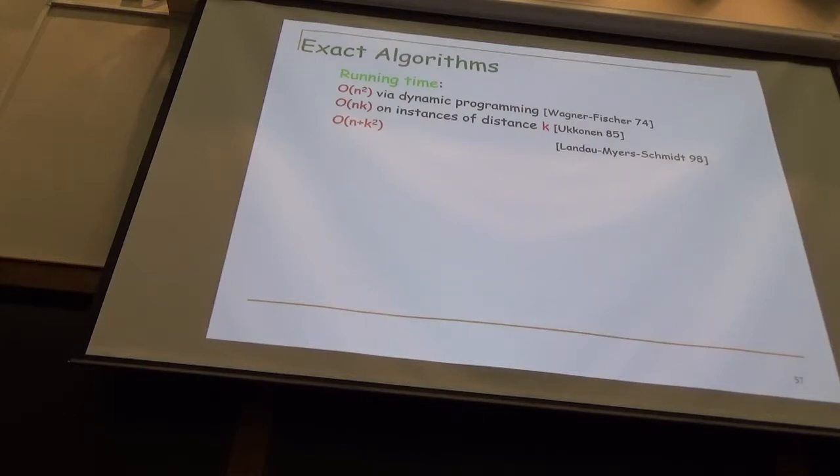If the distance is k, if you know that these strings are relatively close, or even if you don't know, there are algorithms whose running time is n times the actual distance. And there's even a better algorithm which runs in time order n plus k squared. So if the actual distance is less than root n, then you have a linear time algorithm for the exact problem.